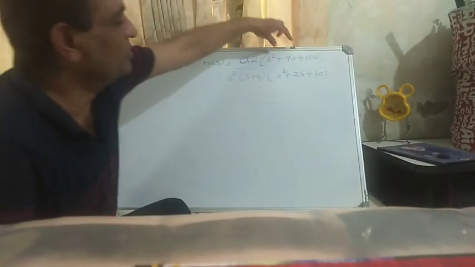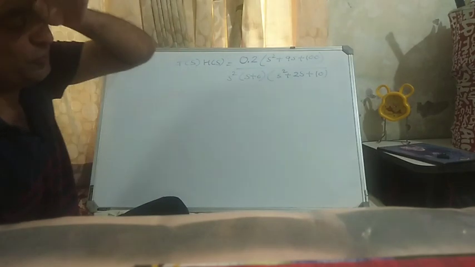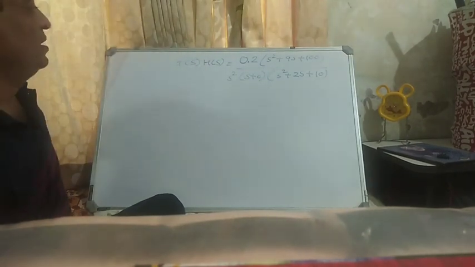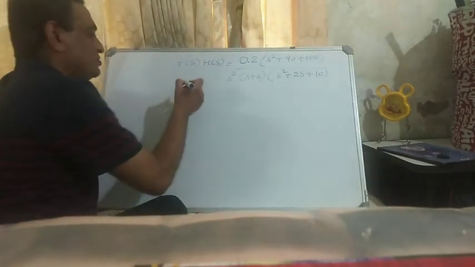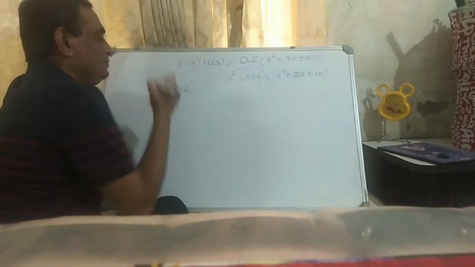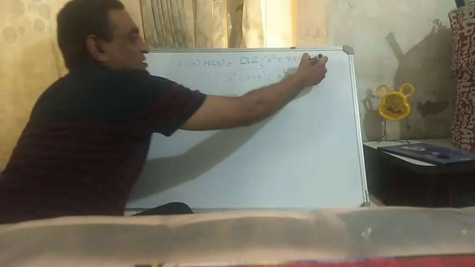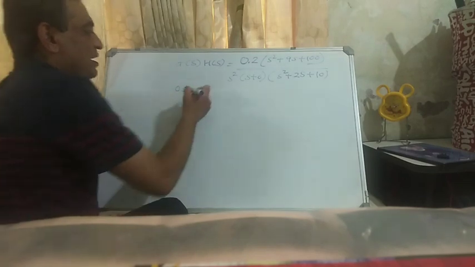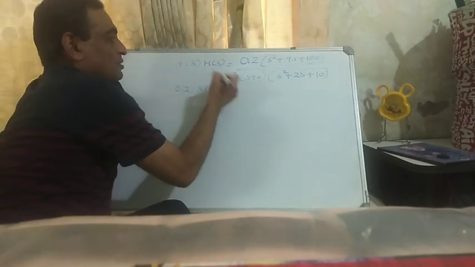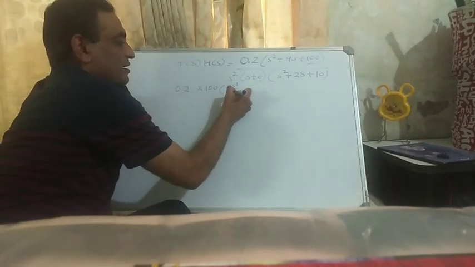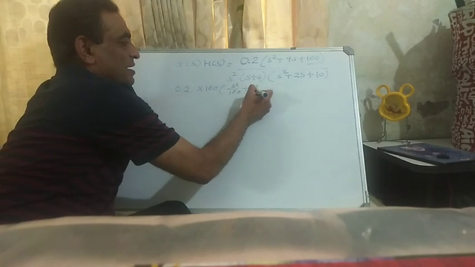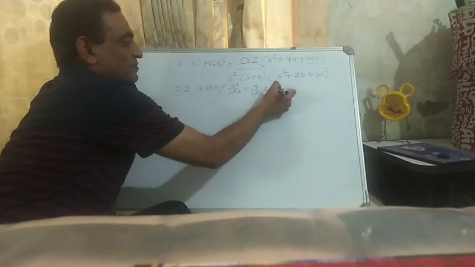I'm assuming that both these are having complex conjugate poles. All right, I need to convert into time constant form. So 0.2 common. Since the coefficient of s to the 0 is not 1, I will take 100 common. So this is s square by 100 plus 9 by 100 s plus 1.